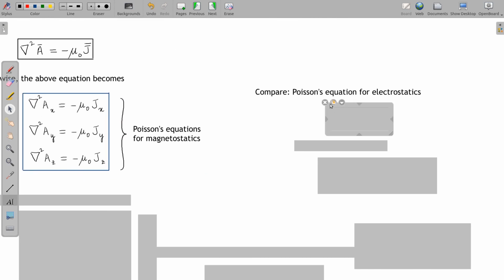The Poisson's equation is that the Laplacian of the scalar potential is equal to minus rho by epsilon naught. We had obtained this expression also in a very similar way. How did we obtain this expression?